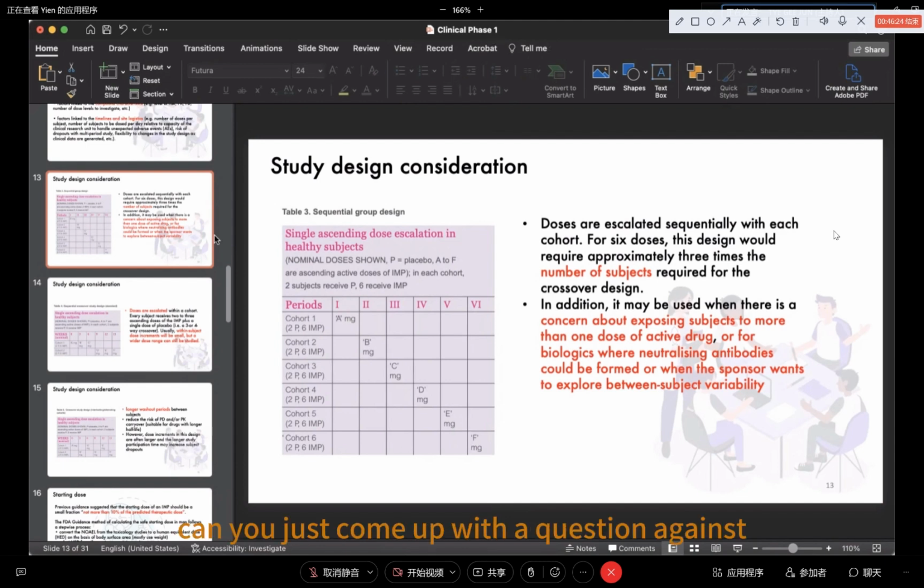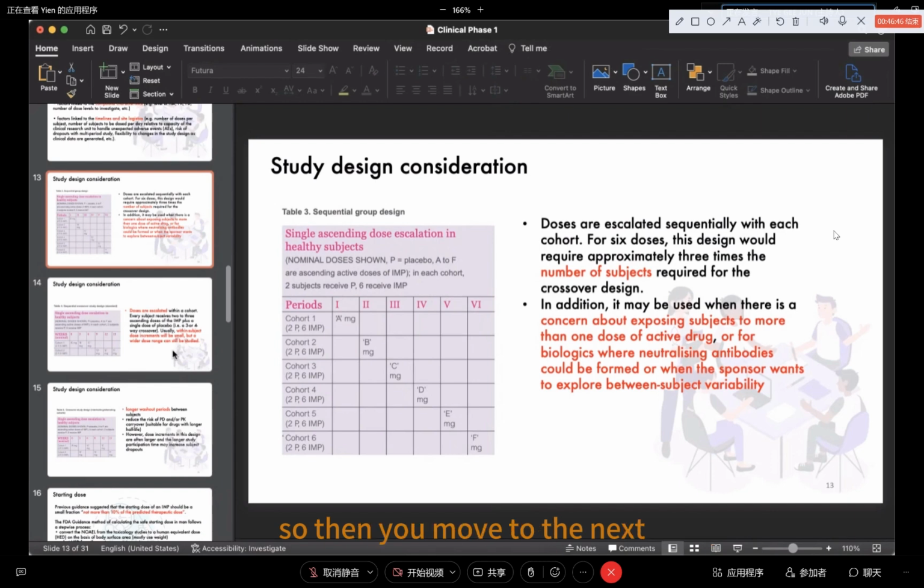Sorry, doctor, can you just come up with the question again? Okay, so if you notice here, there is a dose increase, for example, like the study design in this particular slide. The first cohort is given a dose, and then the second cohort is given another dose. The third cohort is given another dose.